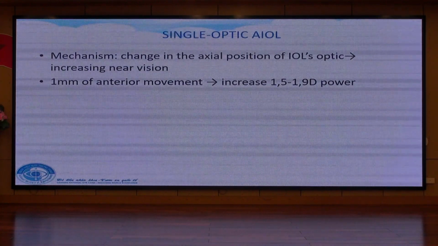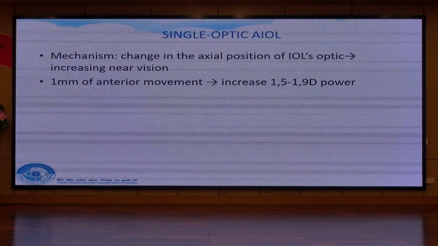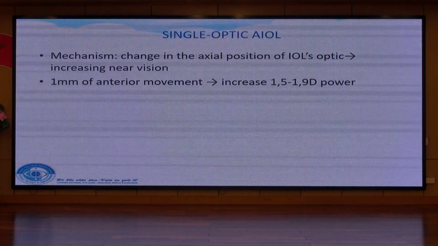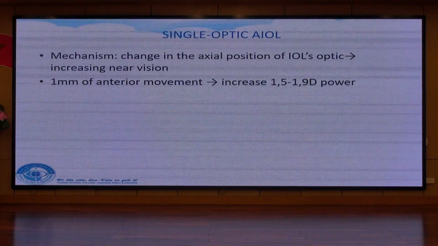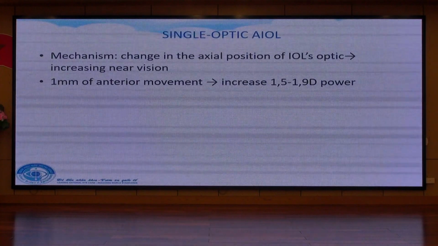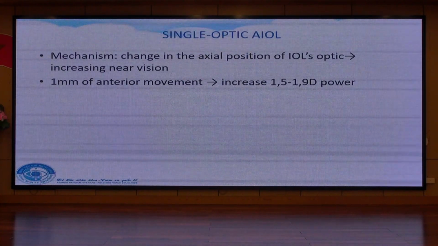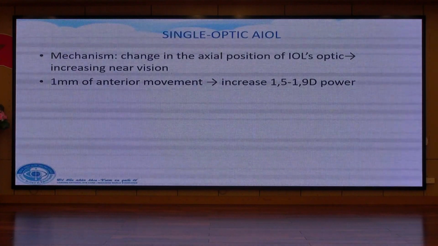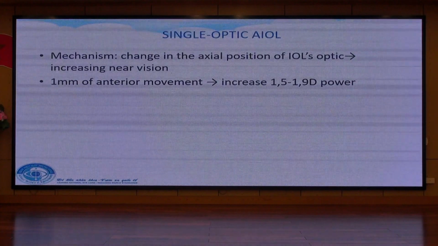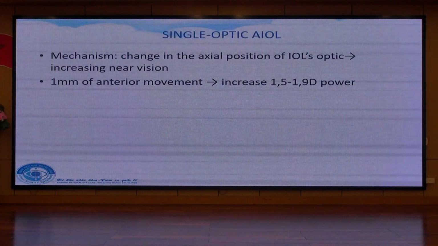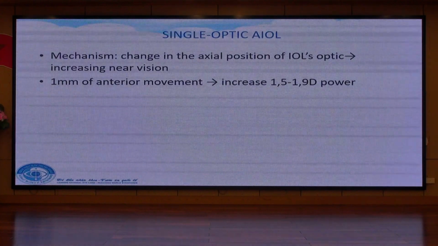It transmits ciliary muscle contraction into an anterior displacement of the lens optic, resulting in increased dioptric power of the eye to improve near vision. And in theory, 1 millimeter of anterior movement can increase power by 1.5 to 1.9 diopters.